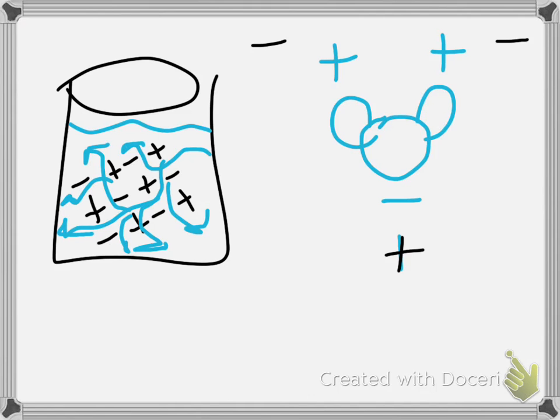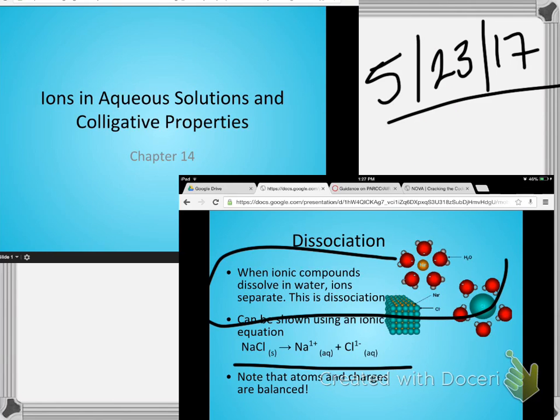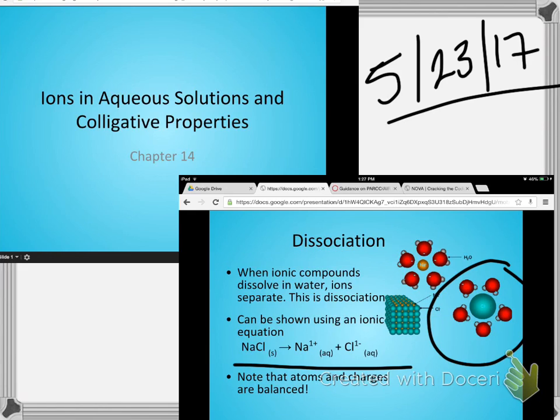I try to show that here: the little positive ions will be surrounded by Mickey ears pointing in at them, and the little negative ones will be surrounded by little Mickey chins pointing in at them, because it's just a charge issue.